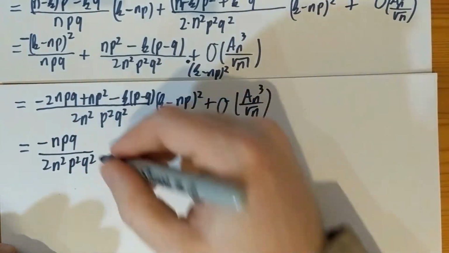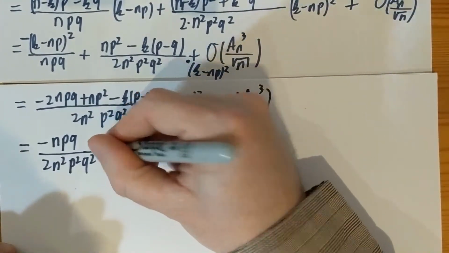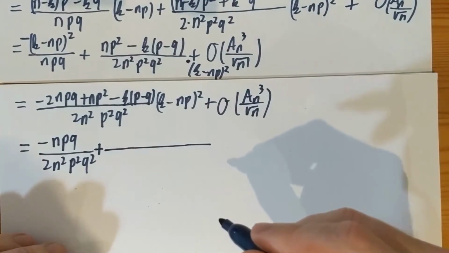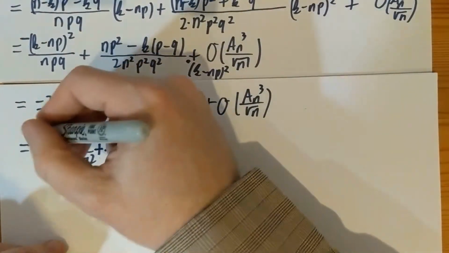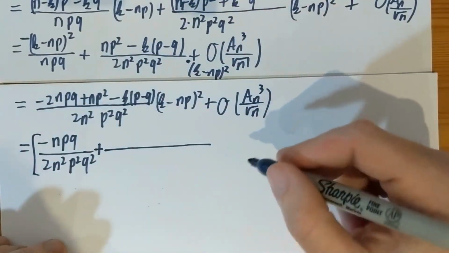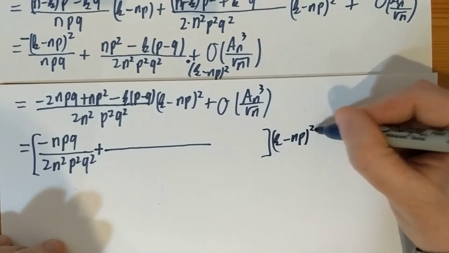That's one of these, and the rest is, so plus, the rest is, and oops, and I have the, okay, let's factor out the k minus np squared at the end of everything.